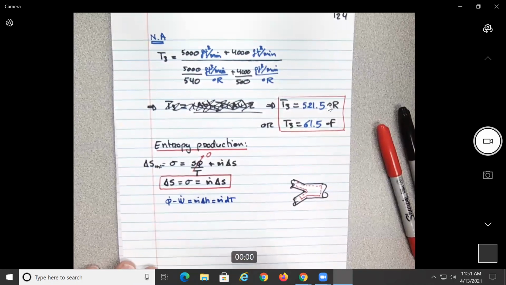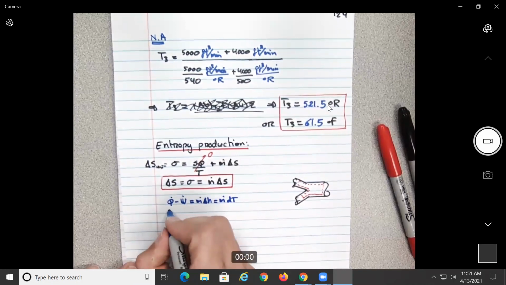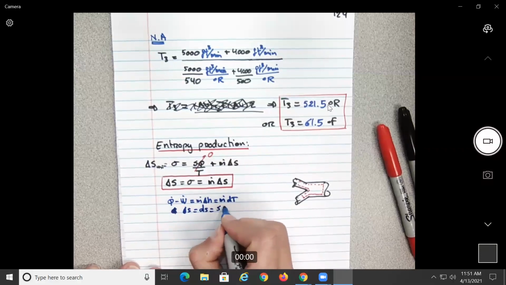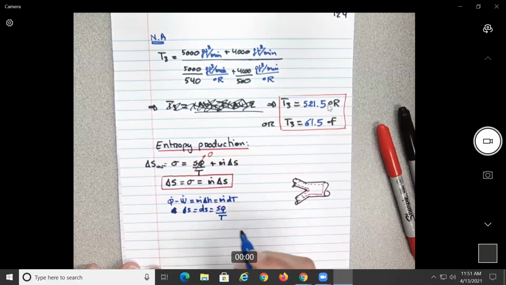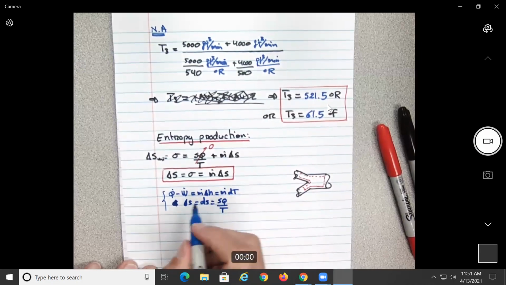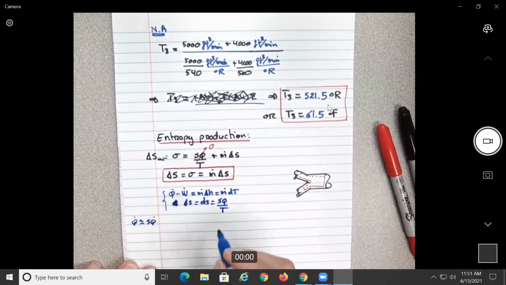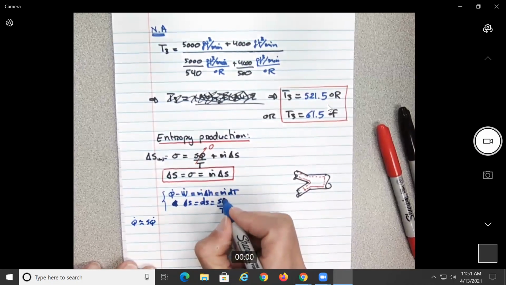Then the second principle of thermodynamics gives us what? That delta S or dS is equal to delta Q over T. All right, so if we combine, if Q dot is basically equal to the delta Q dot over here, I'll put here delta Q dot.